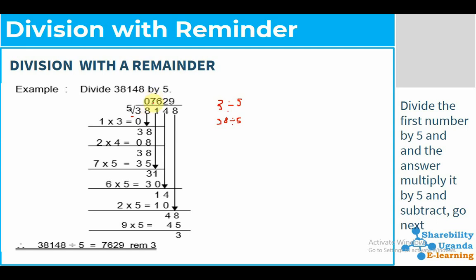After writing our 7, we say 7 times 5, which gives 35. After getting our 35 here, we subtract.